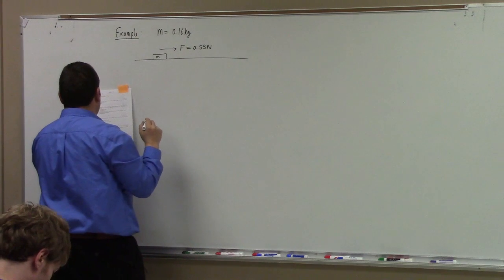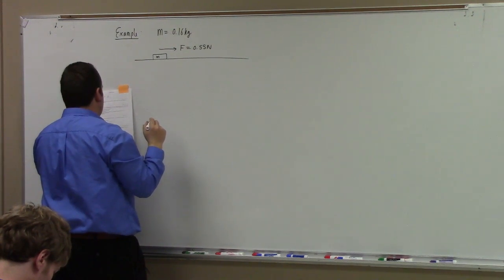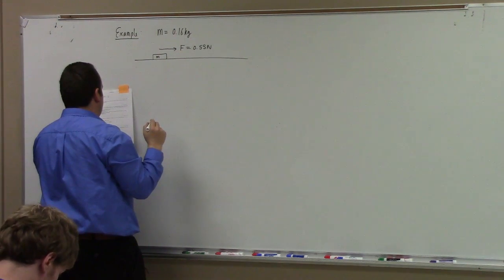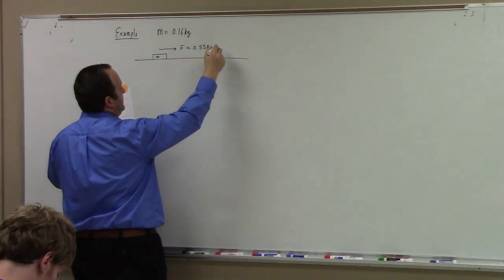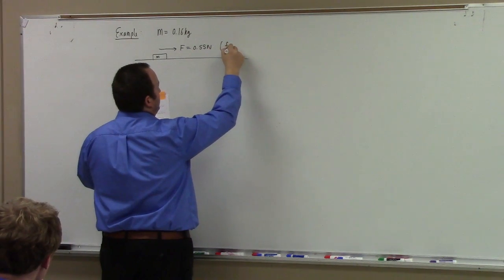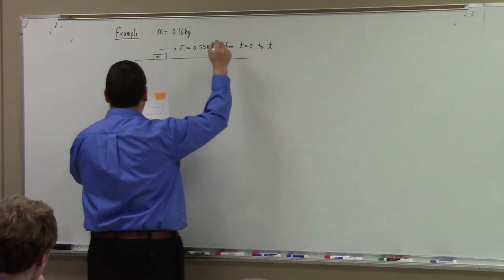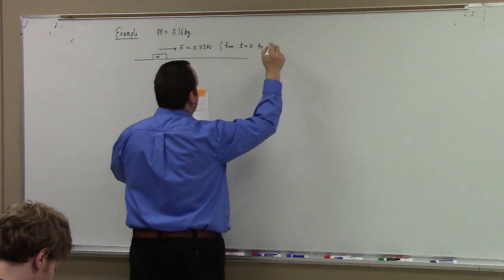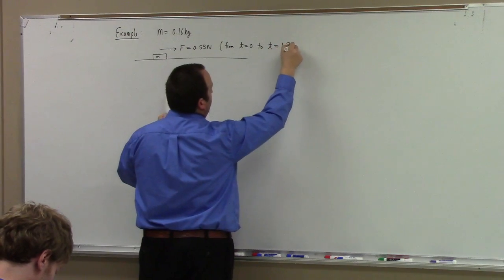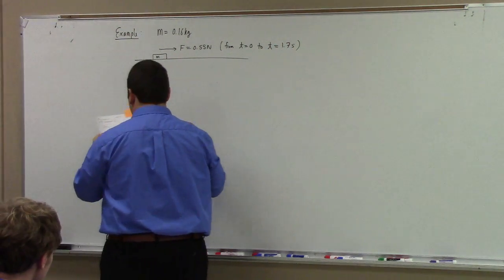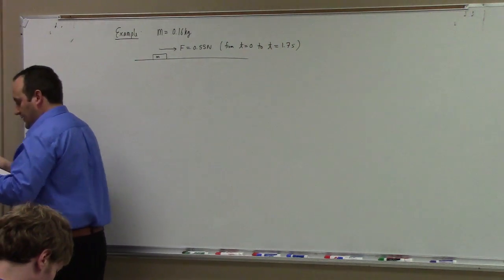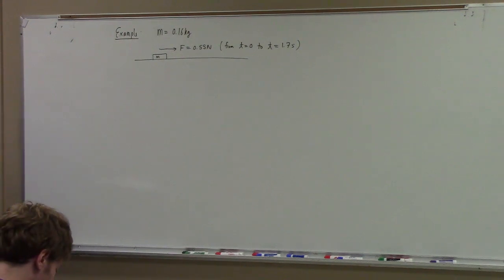And he continues to apply this force from t equals 0 to 1.7 seconds. So then the question is, what are the position and speed of the puck at 1.7 seconds?